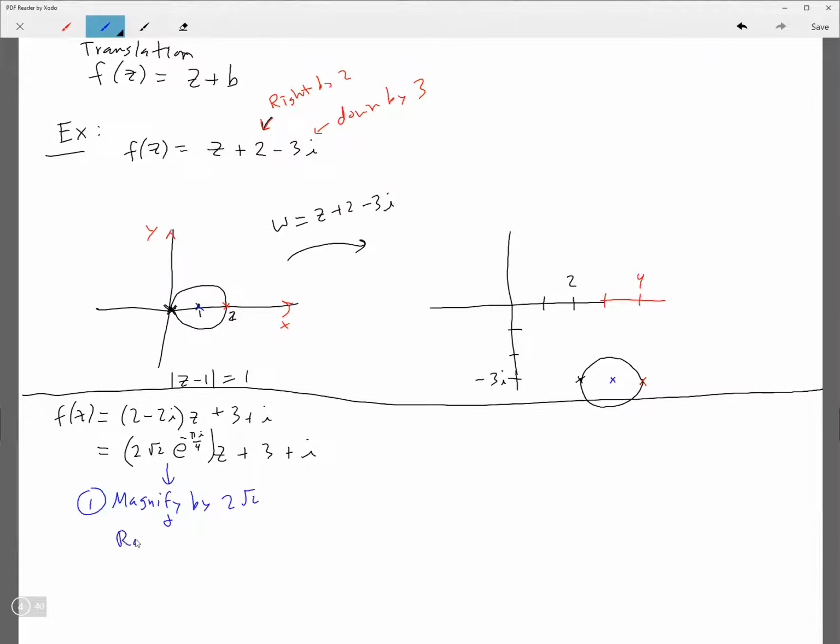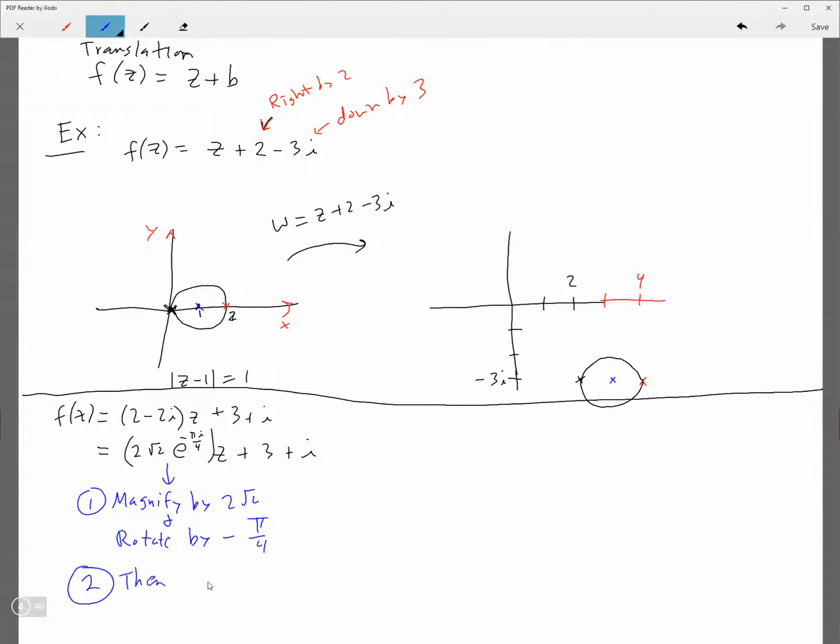And you're going to rotate by negative pi over 4, so that just goes through an angle of negative pi over 4. It doesn't really matter which of those you do first, because those are interchangeable. If you magnify and then rotate, it's the same as rotating and then magnifying. But it is important to do these first, because that's right next to the z.